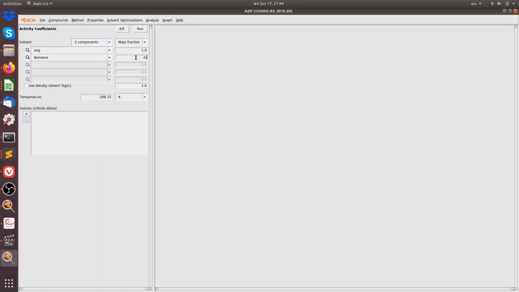So the first data point I have here is at 0.026 weight fraction of benzene, which means that we will do a 0.974 here. And as I mentioned, this temperature is 353 Kelvin.